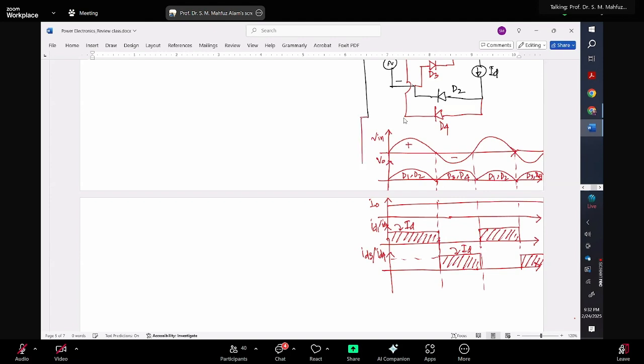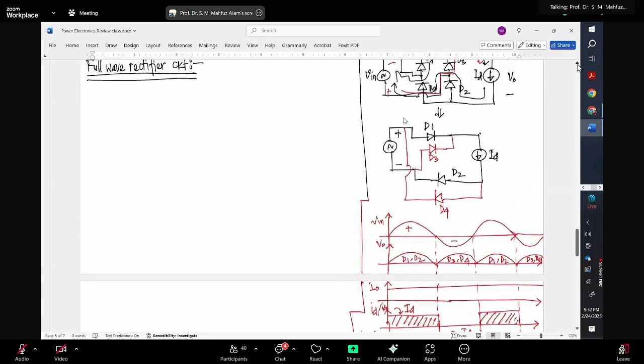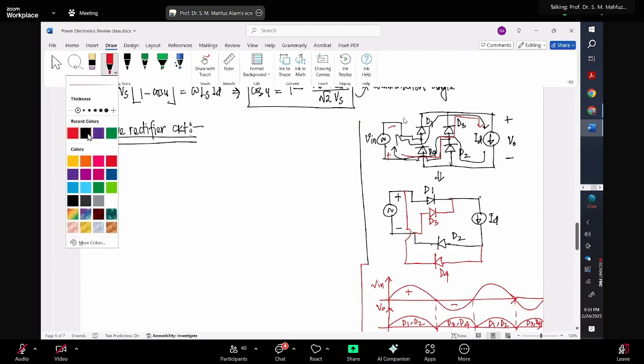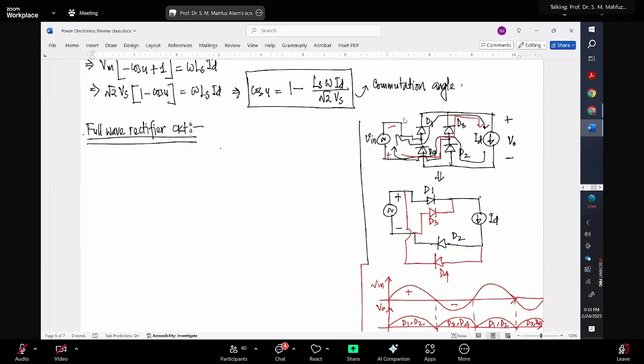So now, let us see what will happen if we do the same thing, but considering the inductance in the circuit. So suppose you have an input voltage V in, and then you have an inductance LS, and then you have 4 diodes.